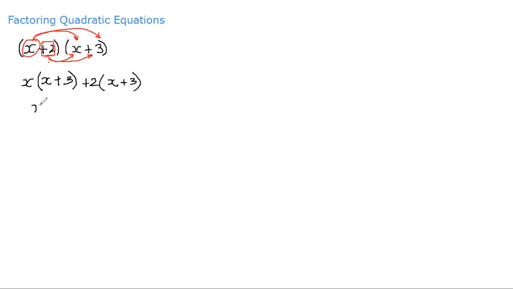Now, this is the important part that I want you to pay attention to. x multiplied by this 3 here, I'm going to get plus 3x. Then if I take this plus 2 and multiply by this x here, I'm going to get plus 2x. And then if I take the same 2 and multiply by this plus 3 here, I'm going to get plus 6.